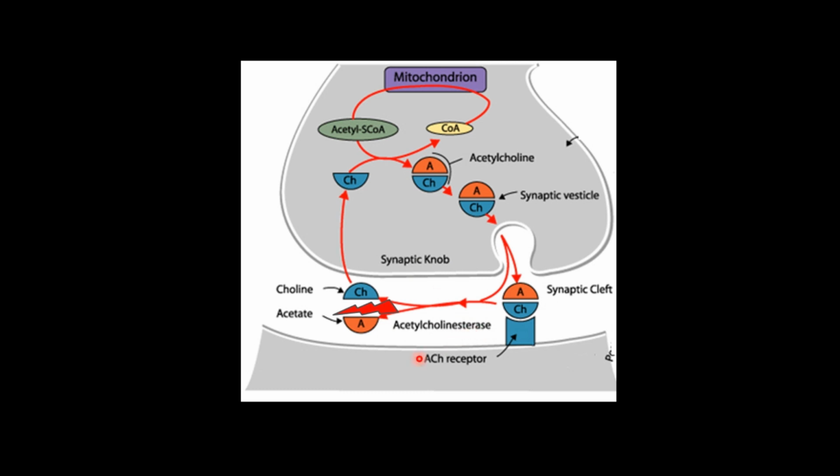Acetate is excreted out and this choline is recycled back into the neuron. And inside the neuron we have the enzyme system, that is the acetyl-CoA enzyme, and this enzyme transfers the acetyl group to this choline, and again there is the reformation of this neurotransmitter, that is acetylcholine, which is again ready for the next release.